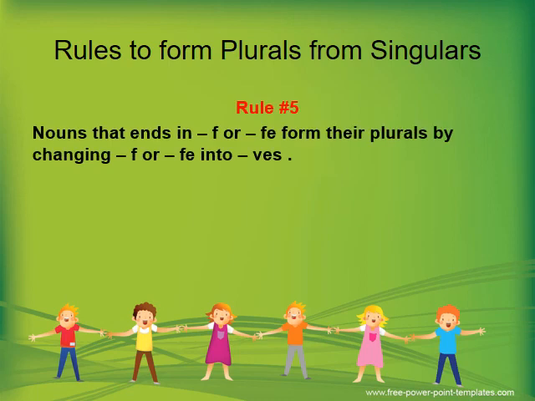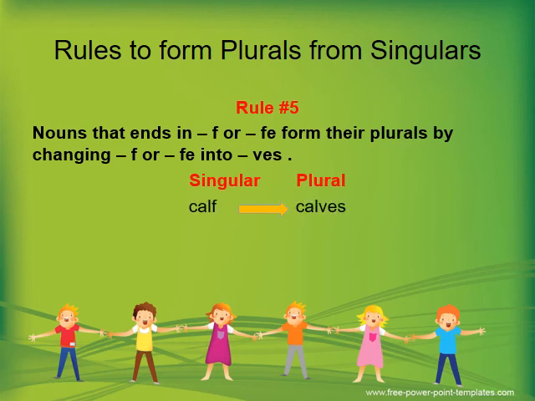Now children, let's come to rule number 5. It says nouns that end in f or fe form their plurals by changing f or fe into ves. Let us understand this rule with the help of examples. Calf.